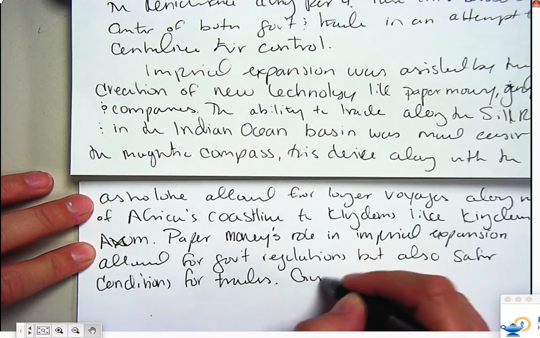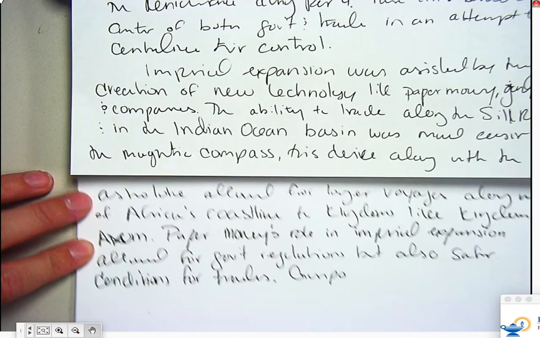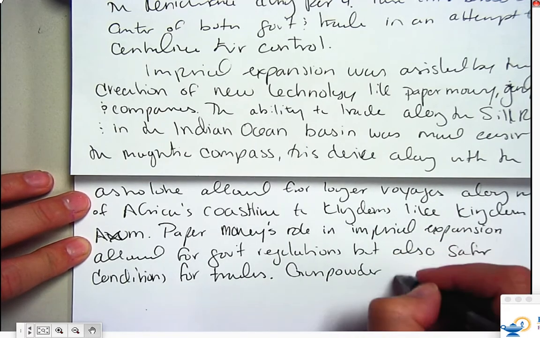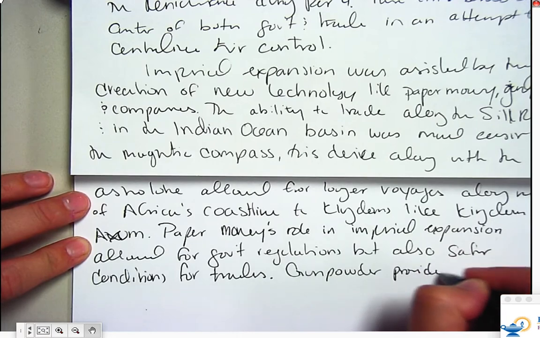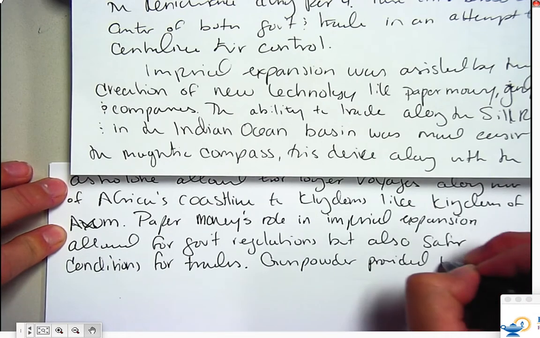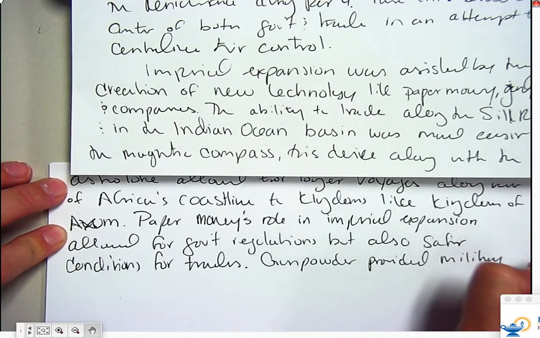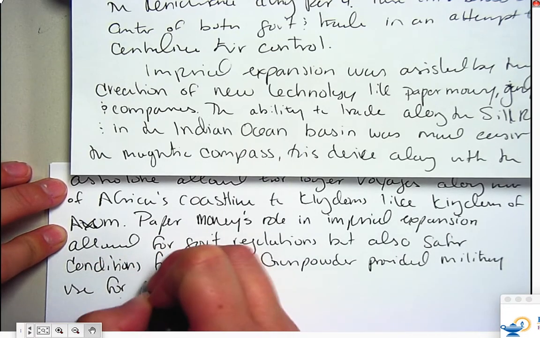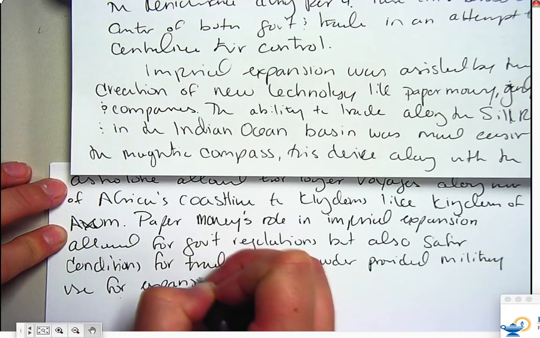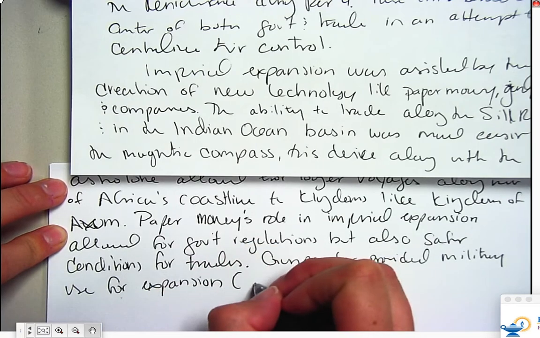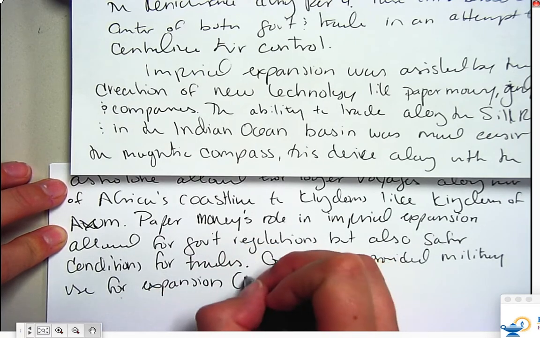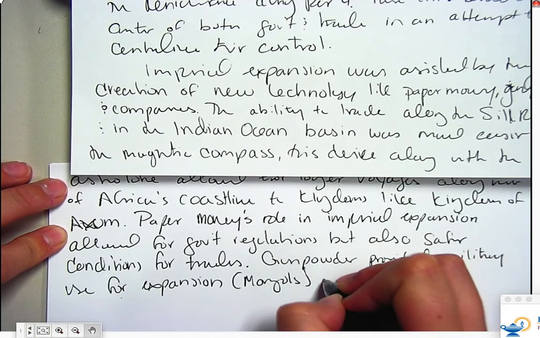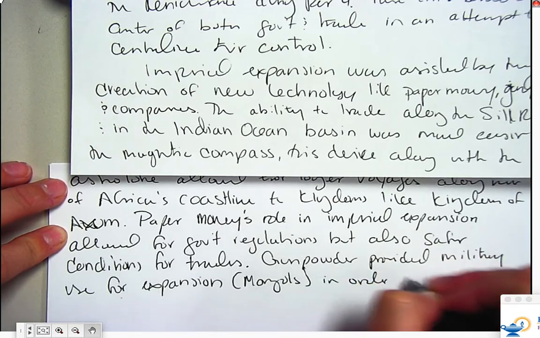Gunpowder provided military use for expansion (parentheses, Mongols) in order to increase trade.